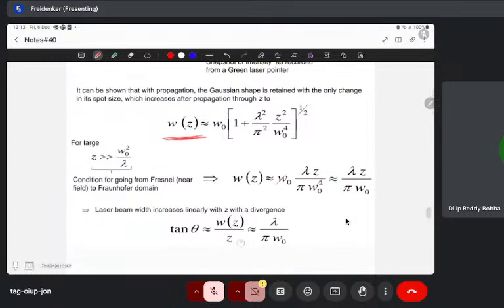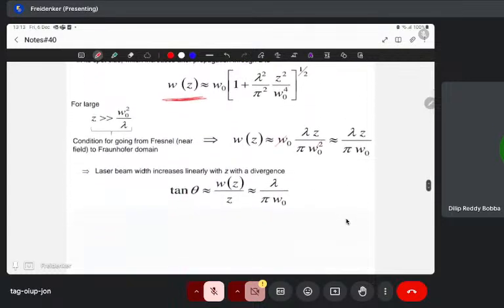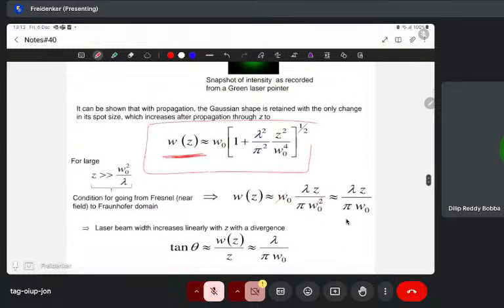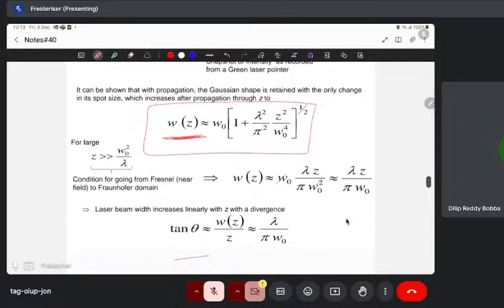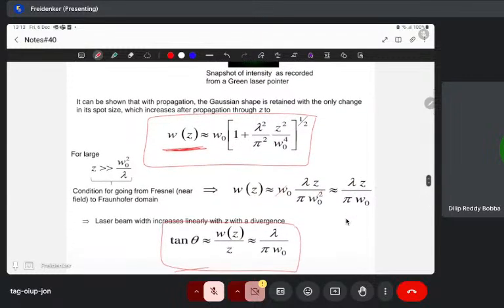This is true for large z because linearity is almost achieved when z is large. So some calculation we got here. This is an approximation, only when z is large.